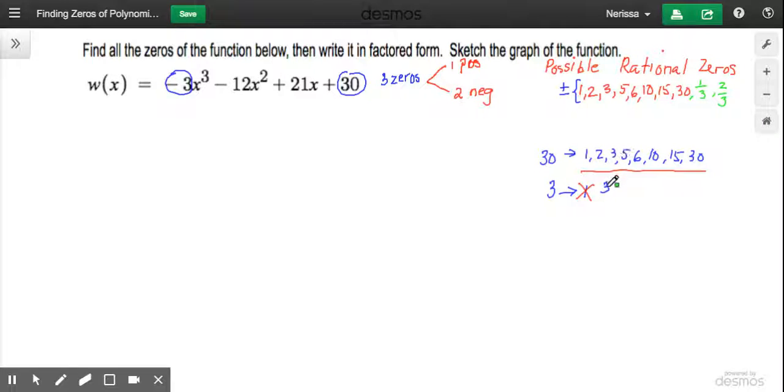And then 3 divided by 3 is 1. We already have it. 5 divided by 3, we don't have it yet. So we're going to include that in our list. 5/3. And then 6 over 3 is 2. We already have it. 10 over 3, we don't have it yet. So we're going to put here 10/3.